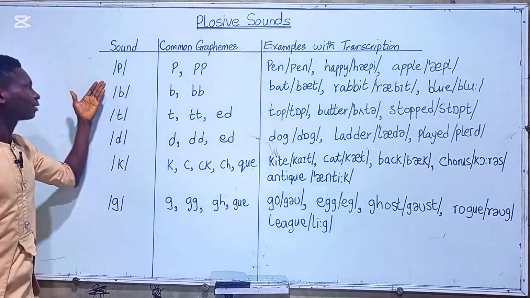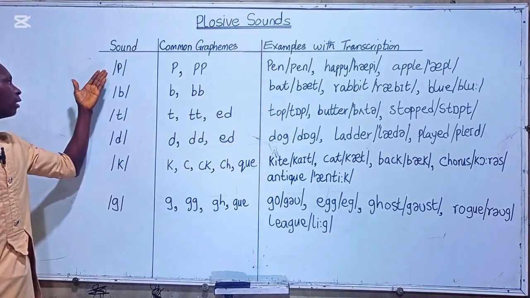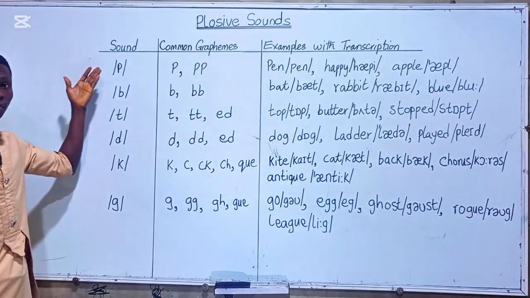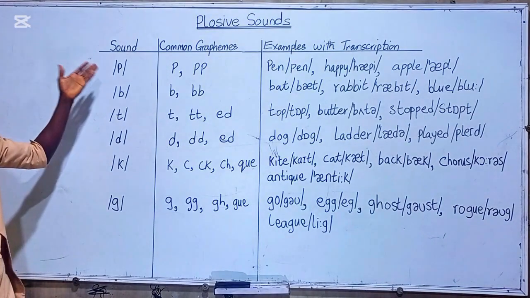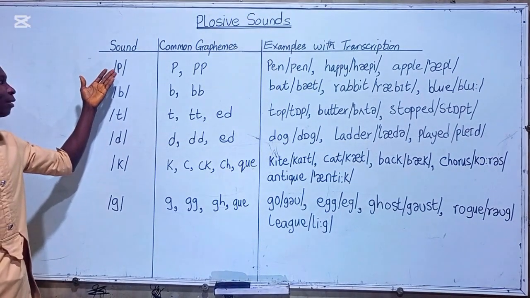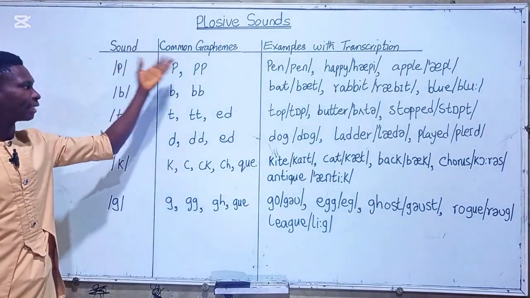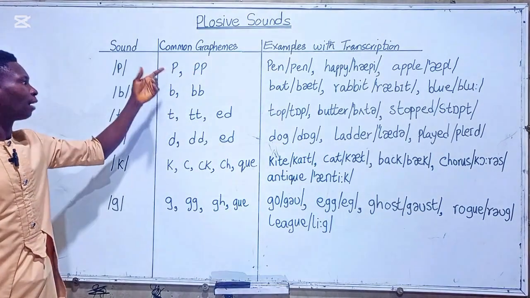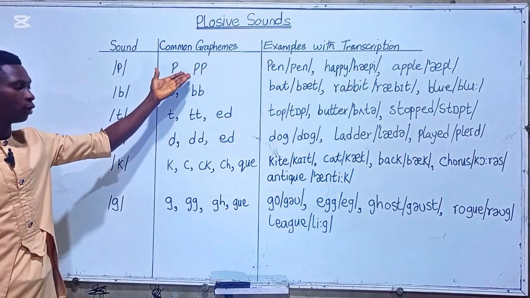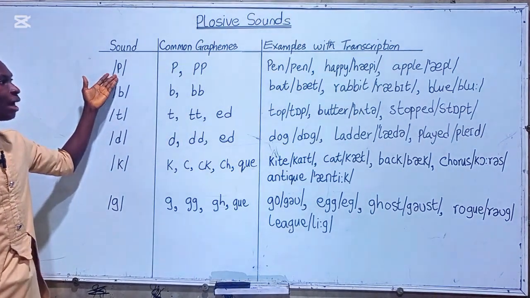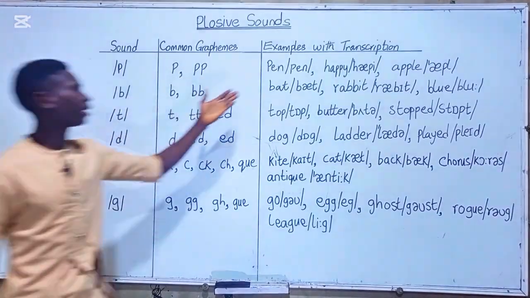The first one is the sound P, which is a voiceless bilabial plosive sound. We can have the P sound in place of letter P or letter PP. So where we have P or double P in words, we're likely to have this sound, as in words like pen.